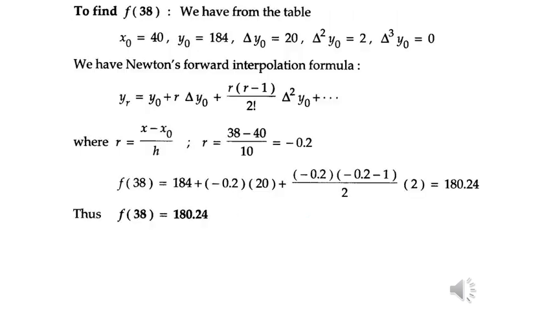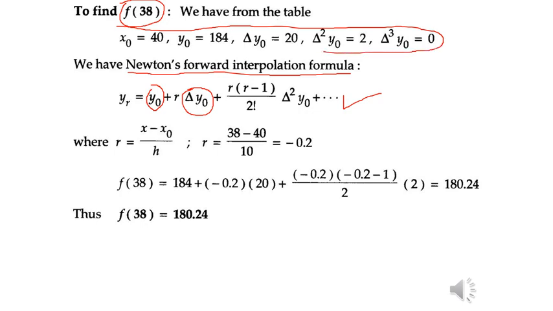See, here we are going to find f of 38 using Newton's forward interpolation formula, which is here. As I said, we require y naught, delta y naught, and so on, which we have collected here from the table. And let us find r first.